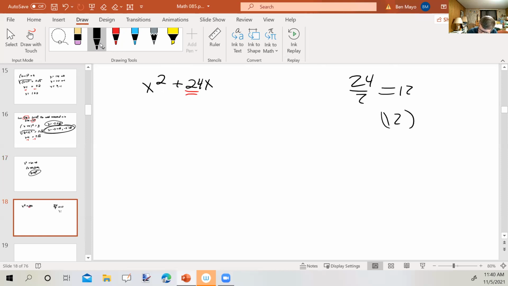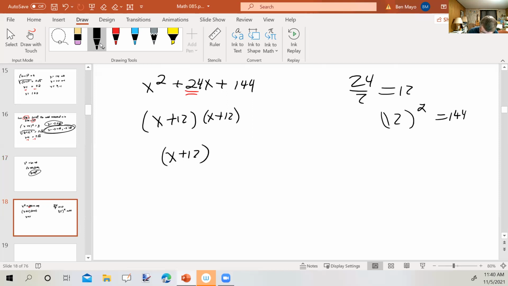I then take that number and square it, and that becomes my constant term. X squared plus 24x plus 144 is equal to x plus 12 times x plus 12, or x plus 12, the quantity squared. So I've created a perfect square trinomial.